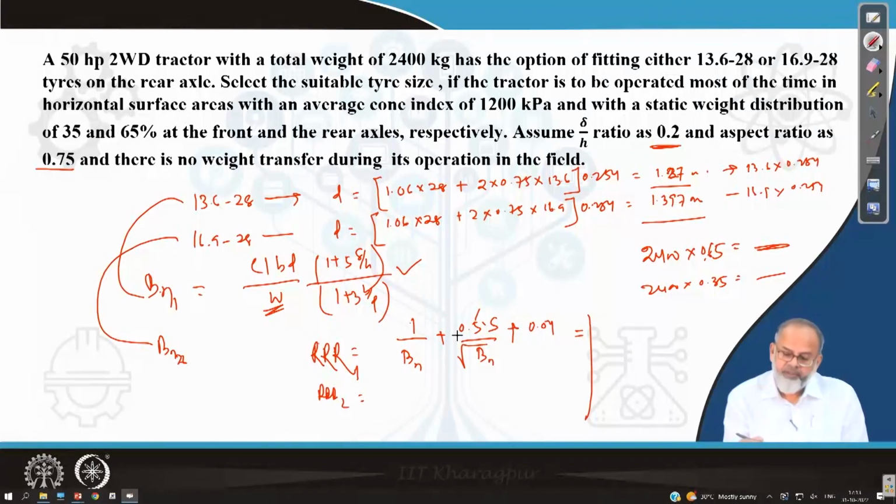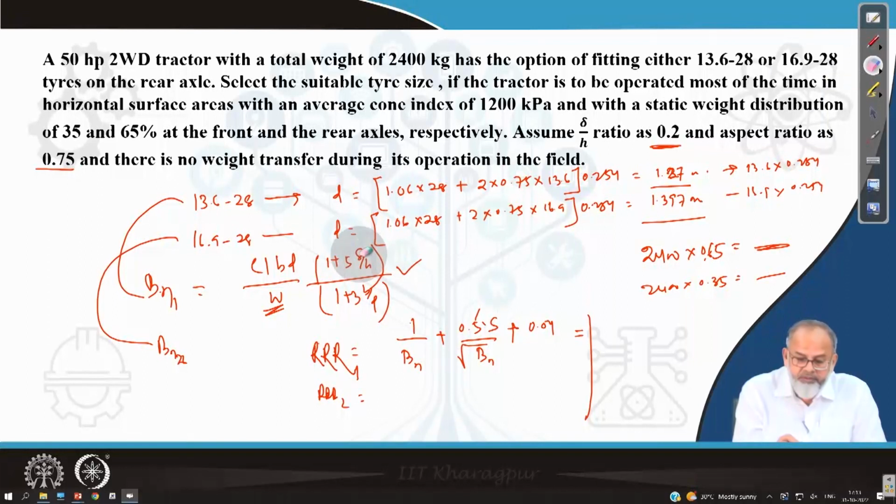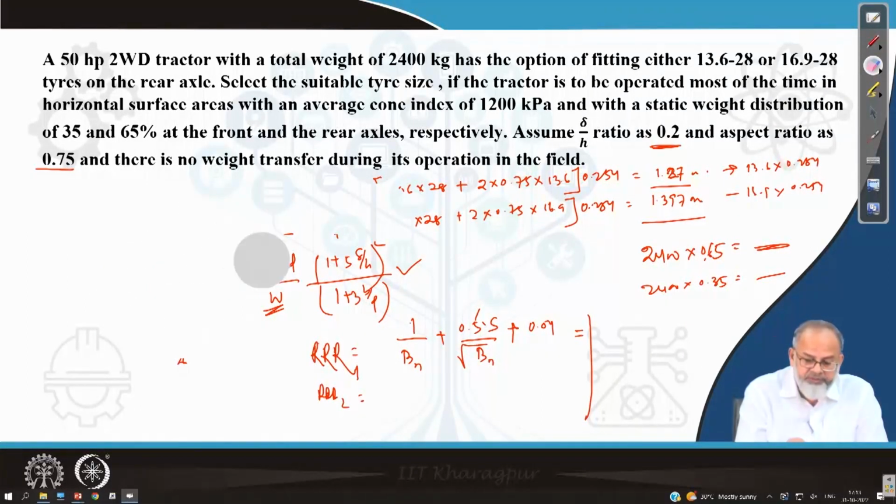But you can always calculate the coefficient of gross traction. From there also you can conclude which tire is giving you more coefficient of gross traction, and from the difference you can calculate which one will give you more power or more pull. So, from there you can make a selection of which tire is better.